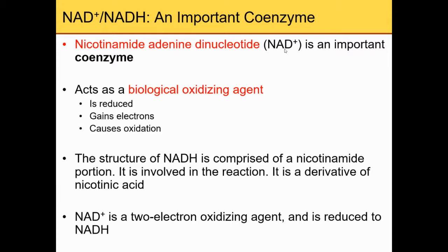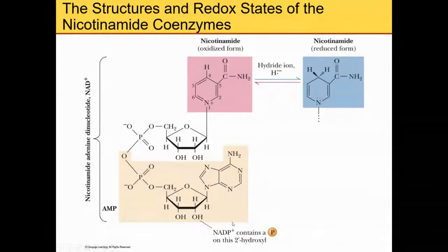It's very important coenzyme, glycolysis and citric acid cycle, and then later on in the ETC, electron transfer chain, those coenzyme will be reduced. Then later on, when they release the hydrogen and the electron, then they will be oxidized. At that time, they release the hydrogen and electron, and then to produce the ATP. Okay. So and then the NAD plus is a 2-electron oxidizing agent. All right. So 2-electron oxidizing agent.